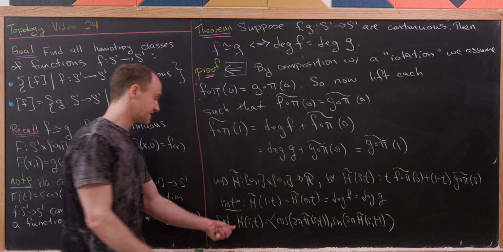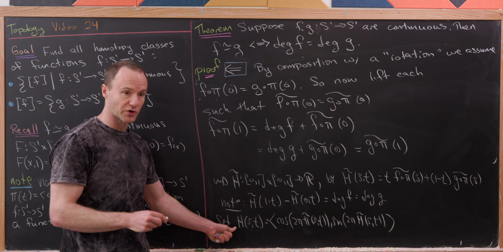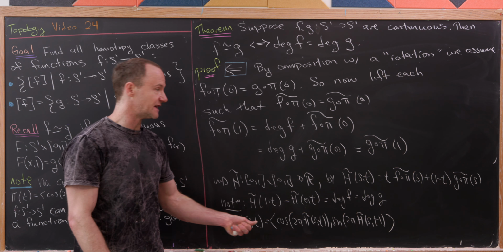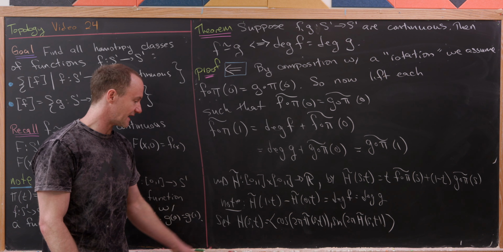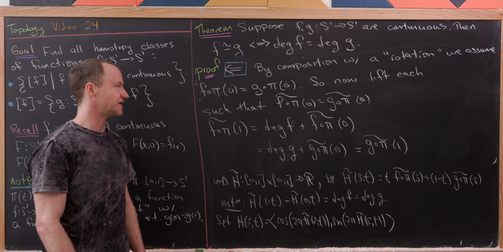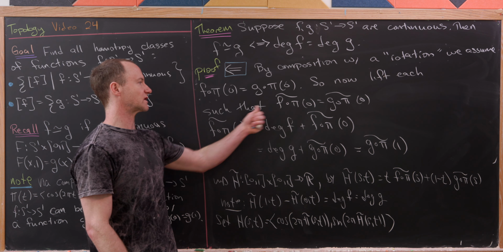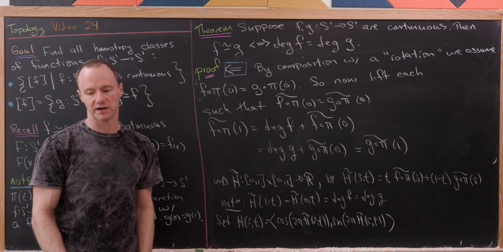And this is our final homotopy map. You can check pretty quickly that h evaluated at (s, 0) will be our function f, and h evaluated at (s, 1) will be our function g. Again, based off how those were lifted into f composed with pi tilde and so on and so forth.